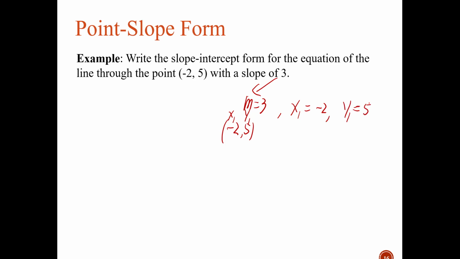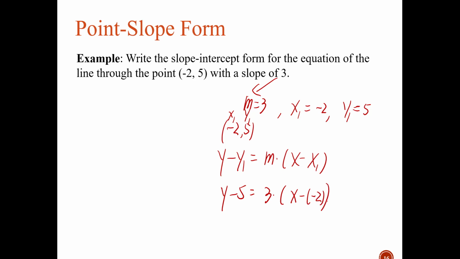Okay. So from here, let's use the point slope form, y minus y1 equals slope times x minus x1. Replace slope, x1, y1 with the given numbers, so y minus 5 equals slope 3 times x minus -2. Just pay attention to the sign. Make sure we have the right sign here.